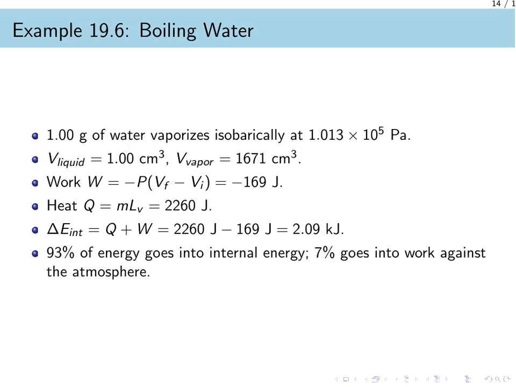The heat required for this phase change is found using the mass and the latent heat of vaporization, equaling 2,260 joules. By adding these together, we find the change in internal energy is 2.09 kilojoules. Interestingly, 93% of the energy goes into increasing the internal energy of the molecules, while only 7% is used to do work against the surrounding atmosphere.